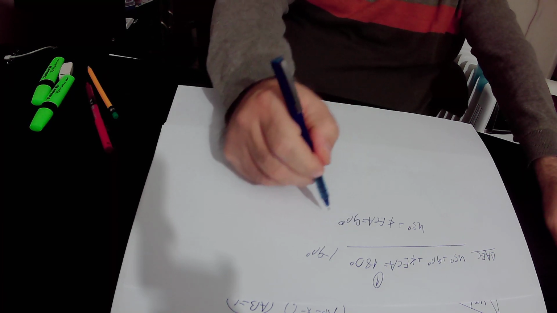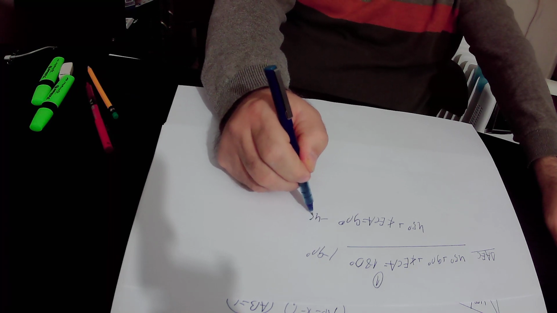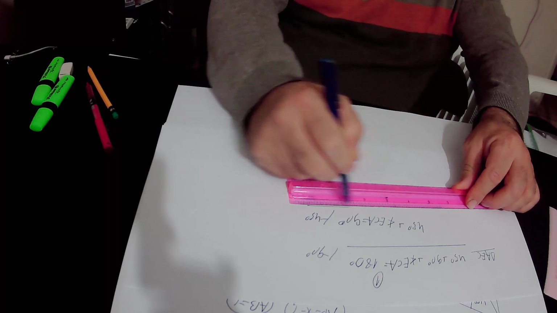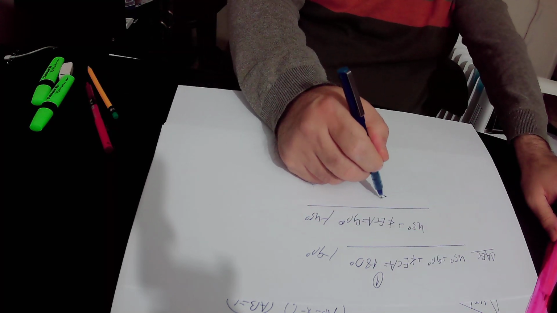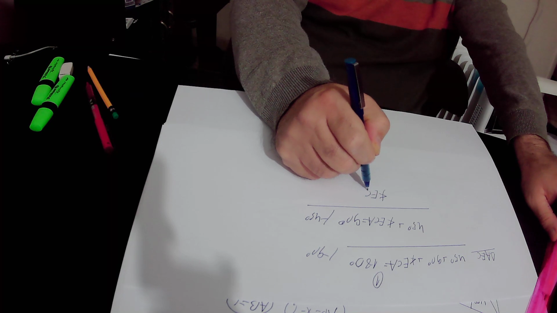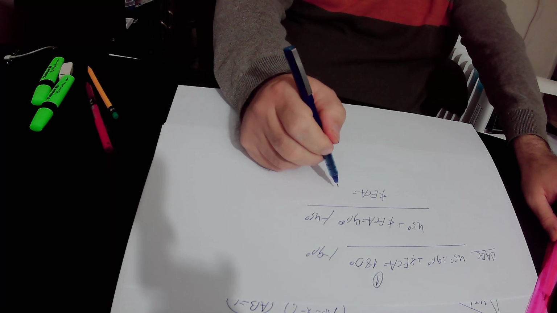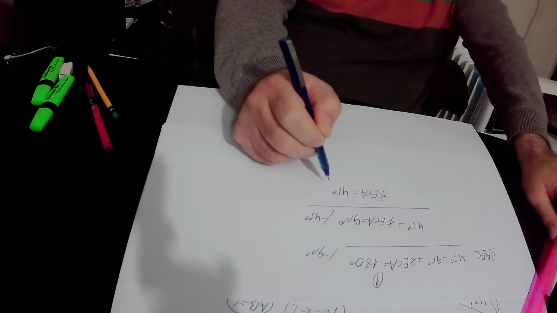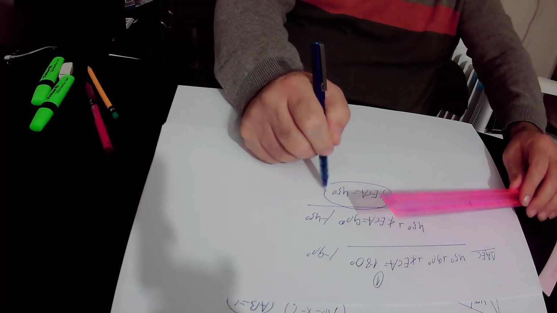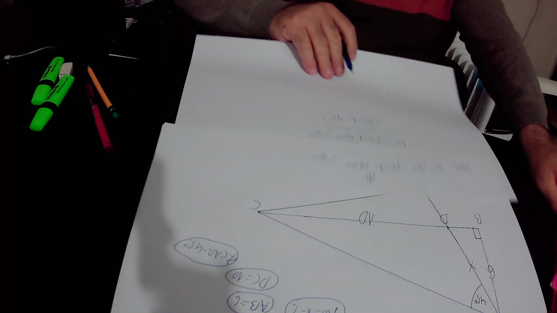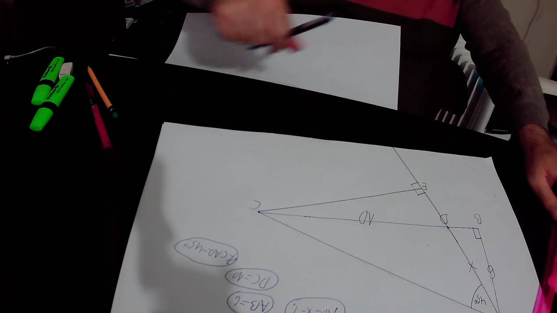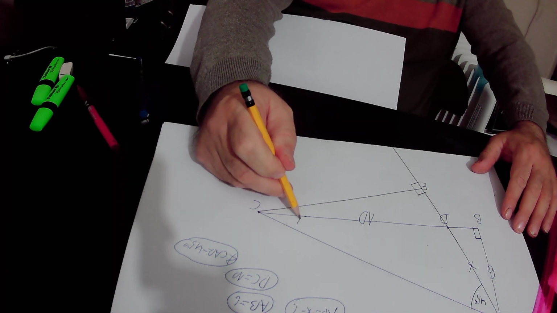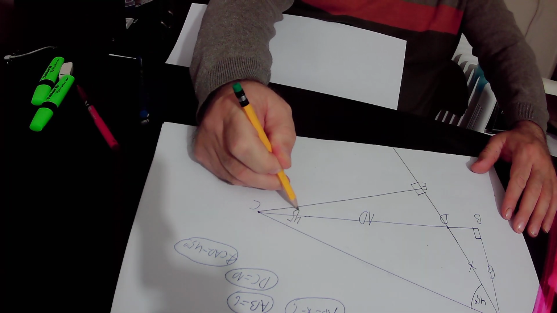We will subtract 45 degrees from this equation, and we'll get that the missing angle, angle ECA, is equal to 90 degrees minus 45 degrees. It is 45 degrees. So here, this angle equals 45 degrees, angle ECA equals 45 degrees.